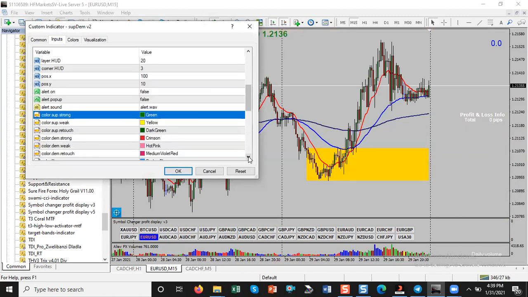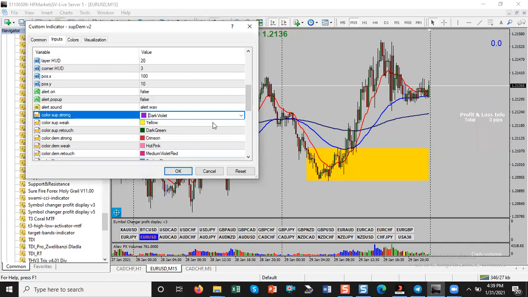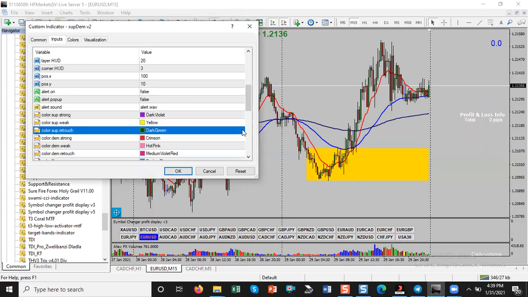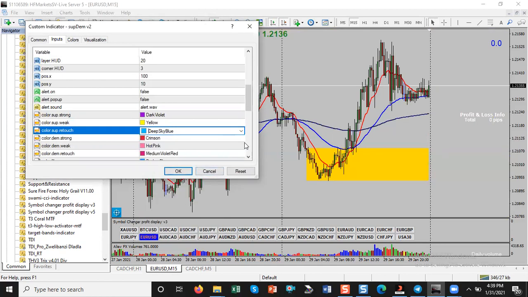and my 50 exponential moving average is blue, so I want to change that color. I think I can use violet. Let me try violet. So that is for the fresh zone, and for the retouch, let's use deep sky blue.